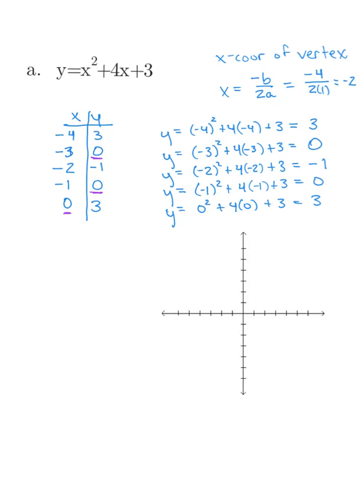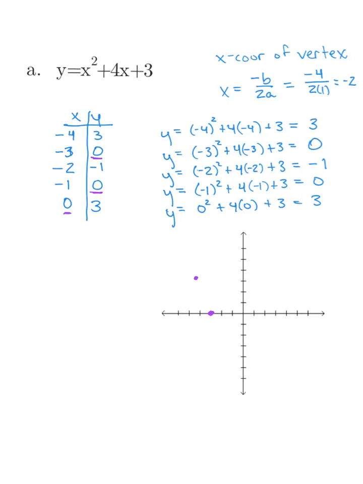So let's go ahead and plot our points. I have negative 4, 3. I'm going to go 4 to the left and 3 up. I have negative 3, 0, which is 3 to the left. Don't go up or down.